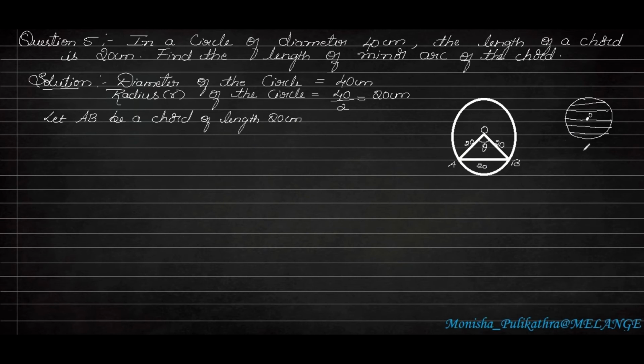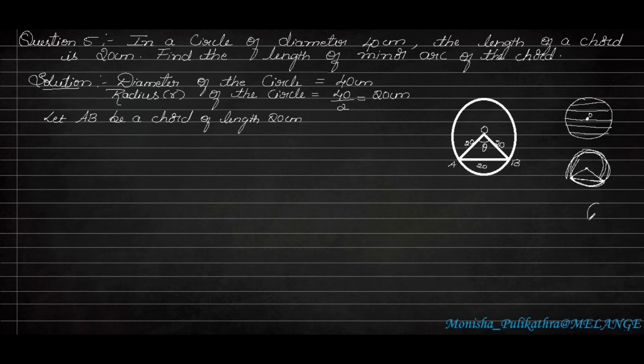So you have to know what is a minor arc and what is a major arc. In a circle, if we draw a chord, two arcs will be formed: the arc which forms below the chord and the arc which forms above the chord.